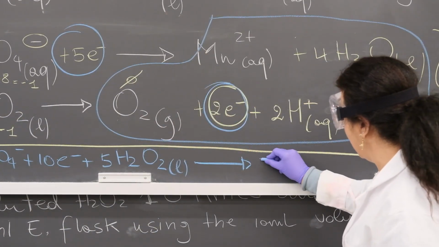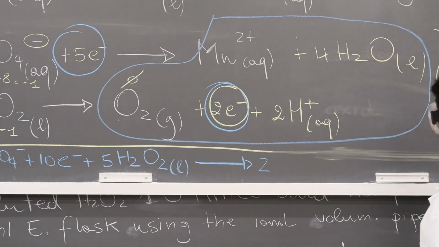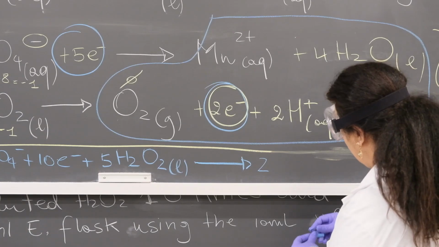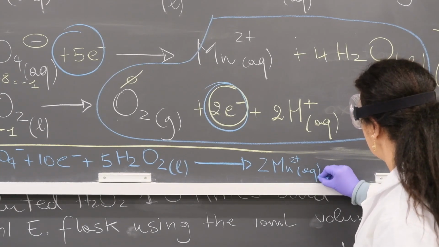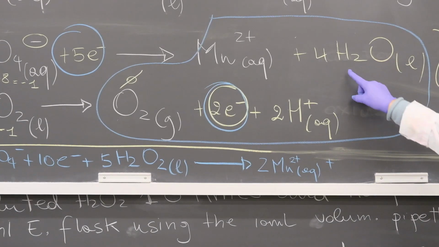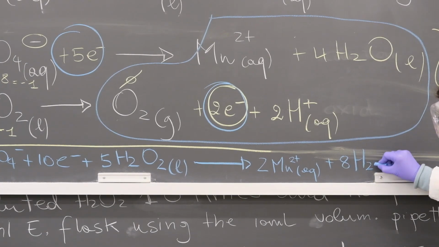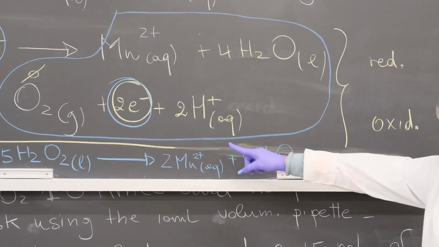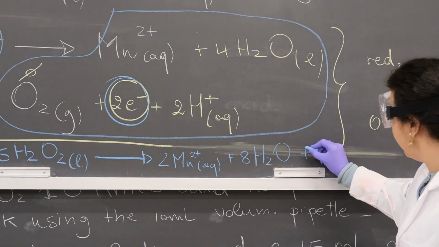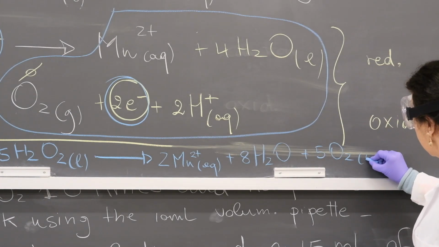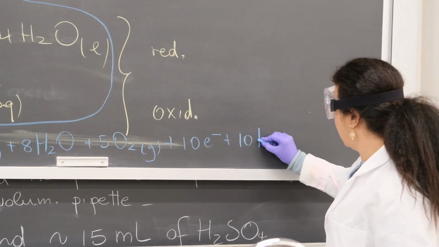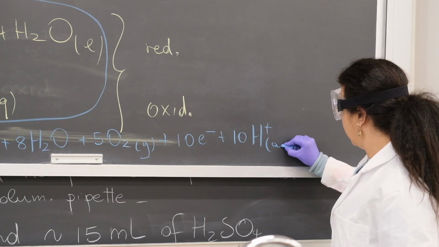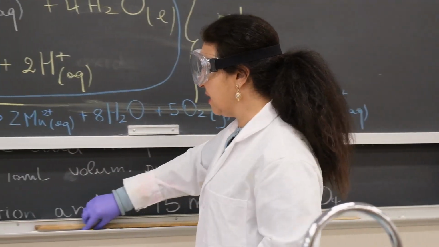So I'm going to have 2 manganese 2+, aqueous, plus 8 molecules of water, plus 5 molecules of molecular oxygen, plus 10 electrons, plus 10 hydrogen plus, aqueous. So this is the final reaction.